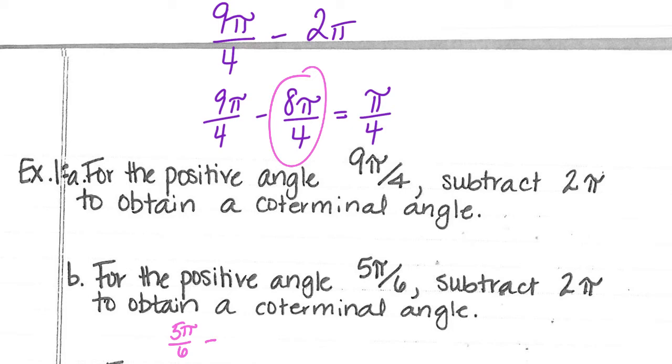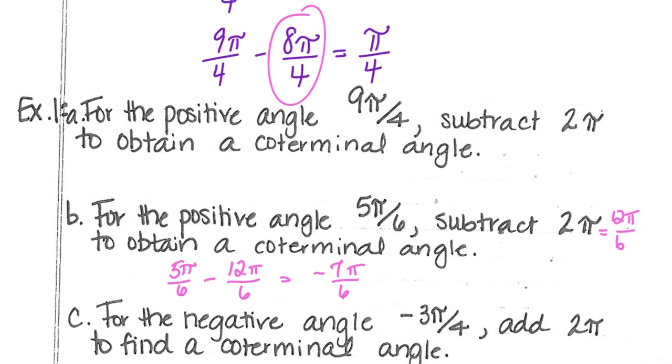Because we have to make this equivalent to something over 6, it's 12 pi over 6. And that is equal to negative 7 pi over 6. So notice when we have a positive angle, we are subtracting 2 pi to get to the coterminal angle.